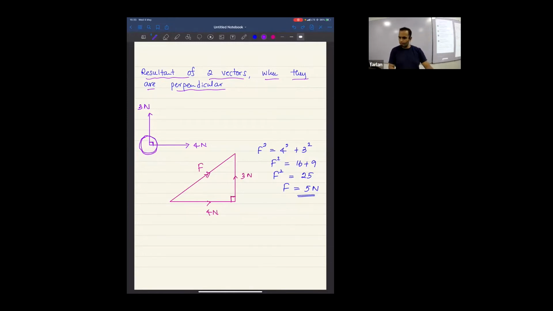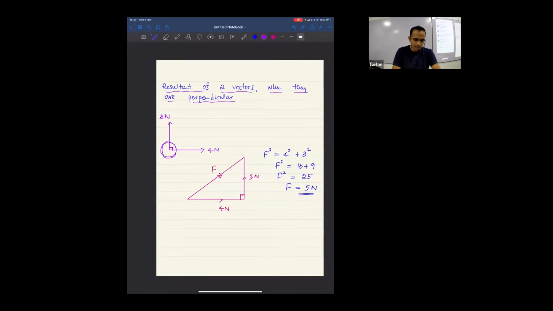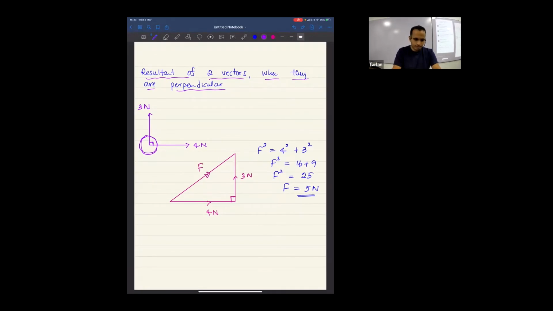Why am I putting F square? Because I'm using Pythagoras theorem for this triangle, right? So if I use Pythagoras theorem, 4 square plus 3 square is equal to F square.